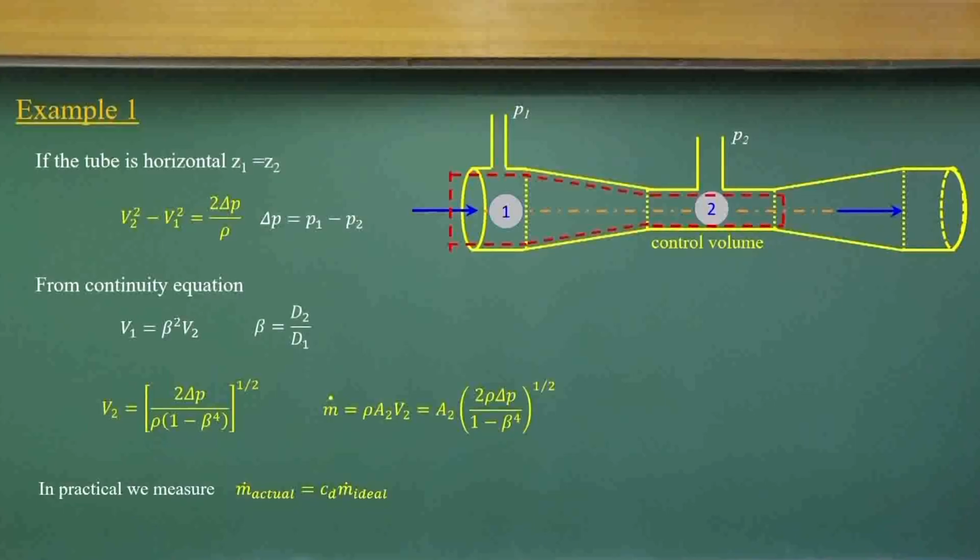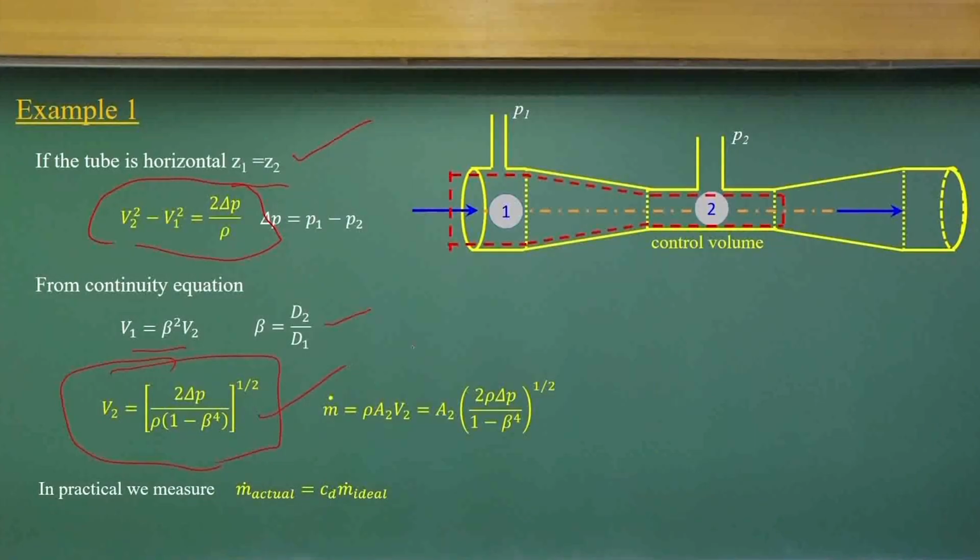We use the average velocity here, and as the tube is horizontal, Z1 equals Z2, you can write the velocity difference in terms of pressure, and you apply the continuity equation to get V2 in terms of the pressure difference and beta, which is the ratio between D2 and D1, representing the diameter at section 2 and the diameter at section 1 respectively.